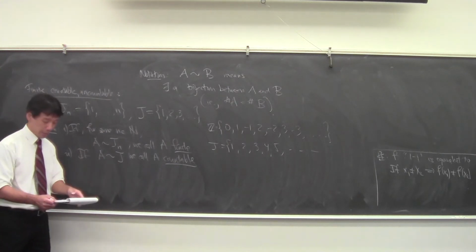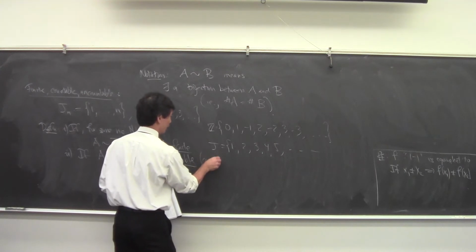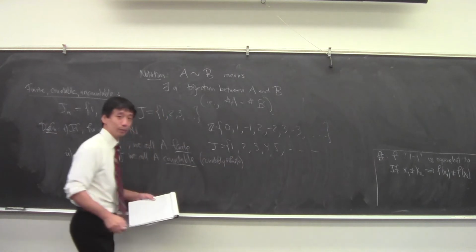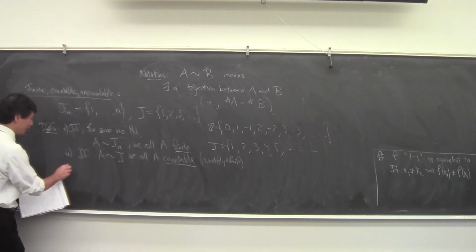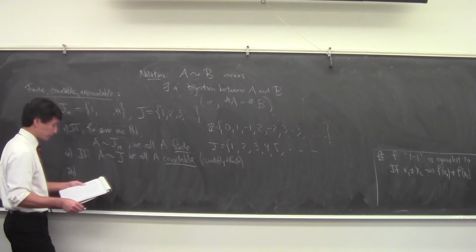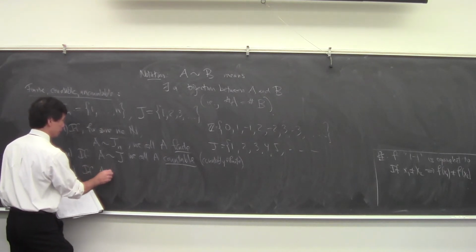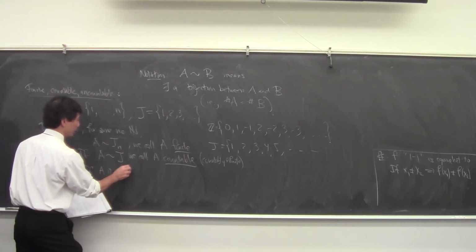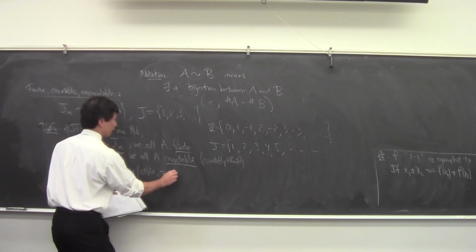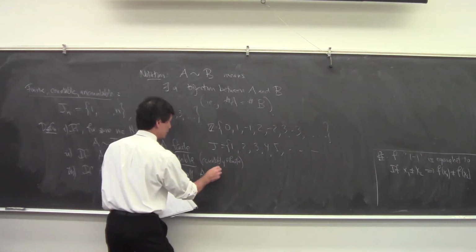So countable, or countably infinite. If A is finite or countable, then we call A at most countable.